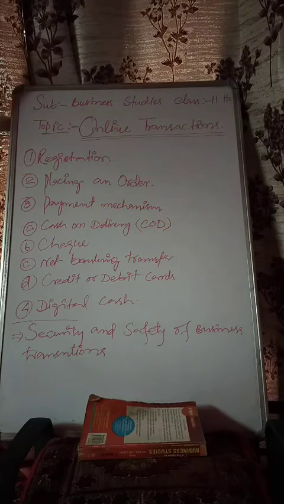The amount for the agreed price of the transaction is transferred by the buyer to the account of the online vendor through electronic funds transfer. Fourth one, that is credit or debit card. The most widely used medium for making payment for online transactions is the credit or debit card.